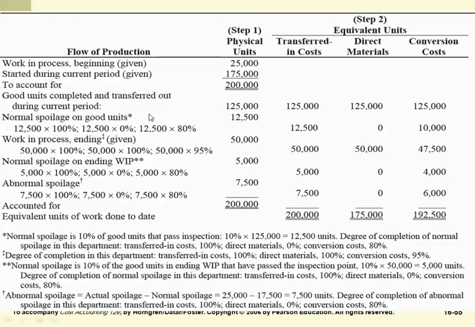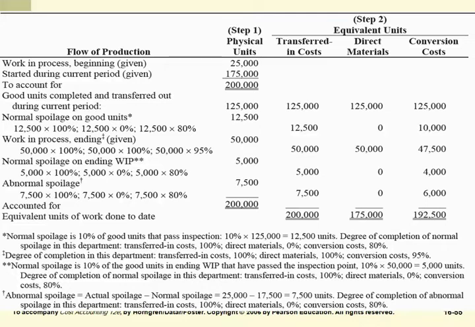Conversion costs. Good units completed, as it is completed, so it reached 100%, so under conversion costs 125,000. Normal spoilage, it is only 80% completion, so 12,500 multiplied by 80% equals 10,000 units. Work in process ending, completion percentage 95%, so 50,000 multiplied by 95% equals 47,500 units.